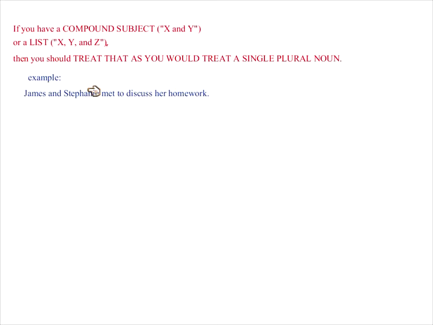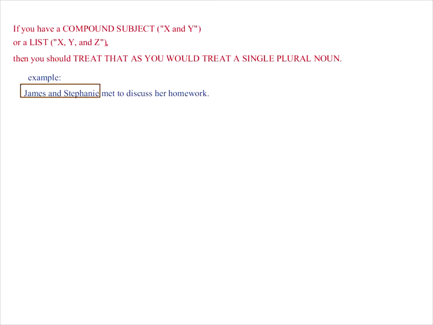It actually turns out that this is not okay. And let me explain why here. This is a compound noun. So if you say James and Stephanie, you got to treat this like a single word.